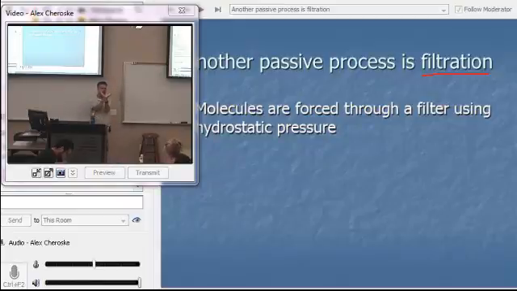You put the filter in there, you put the coffee grounds in, and then the water comes in from the top and goes through the filter. Small molecules like water and the small diffused coffee molecules come through the filter, but the big coffee grounds stay in. It's the pressure of the water driving it through the filter that allows that to occur, okay?